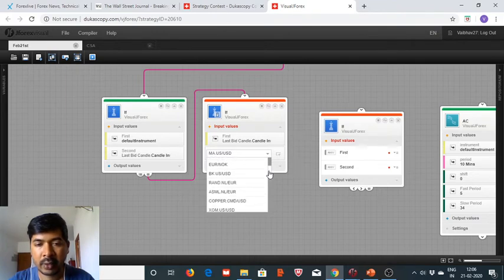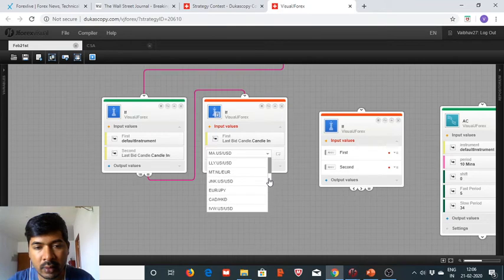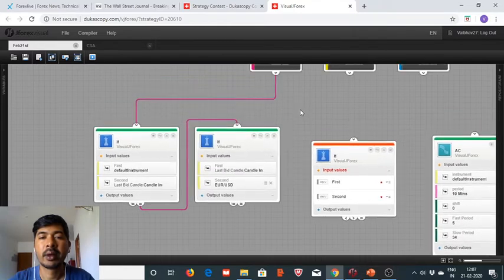Now let me find Euro USD. It's a tedious job to locate the Euro USD in this list. So here is the Euro USD.